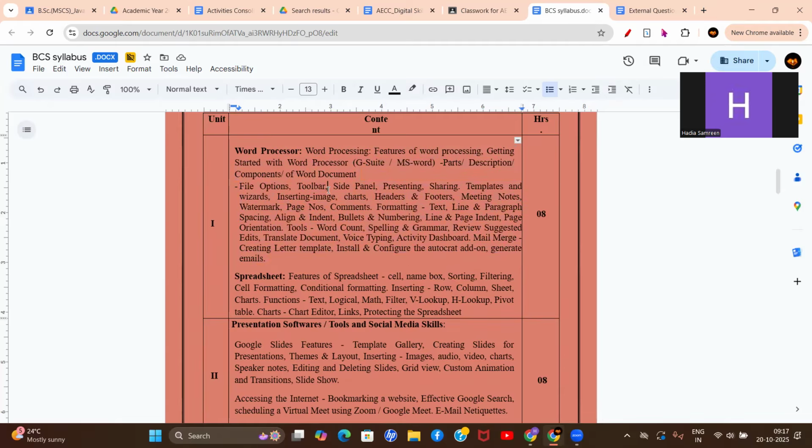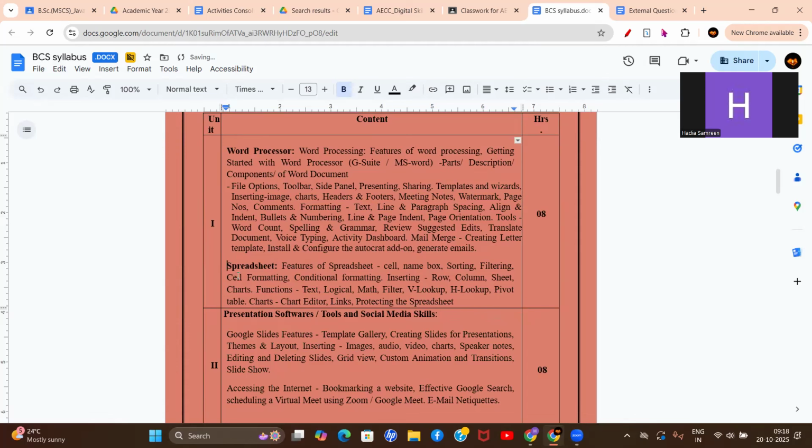This complete part is unit 1, but you can divide your unit 1 into two parts. Suppose the first part is Google Docs, and this Google Sheets is our second part. So whichever part you find easier to learn, learn that part.